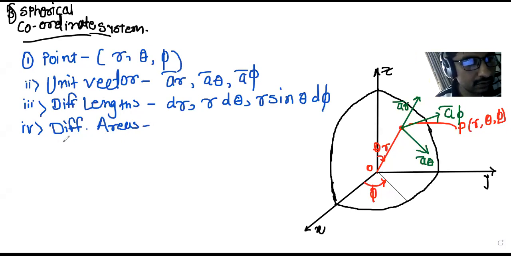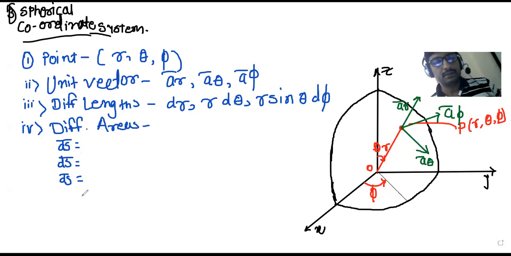Right, here also you have three differential areas. First one by keeping r constant. Next one is by keeping theta constant. And last one is by keeping phi constant. Right. So first of all, let us keep r constant. Direction would be given by a bar r. So remaining terms, you can take it as a multiplication of those terms.